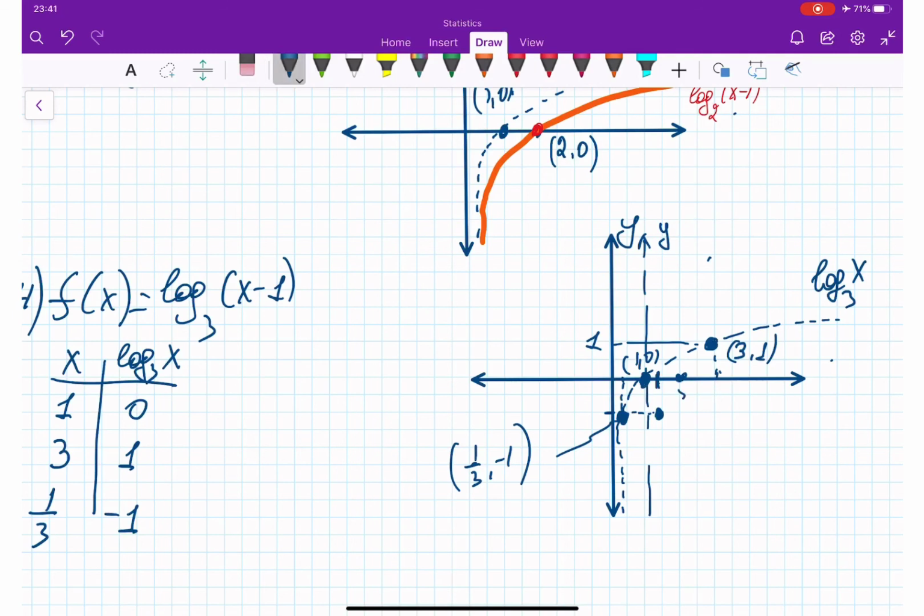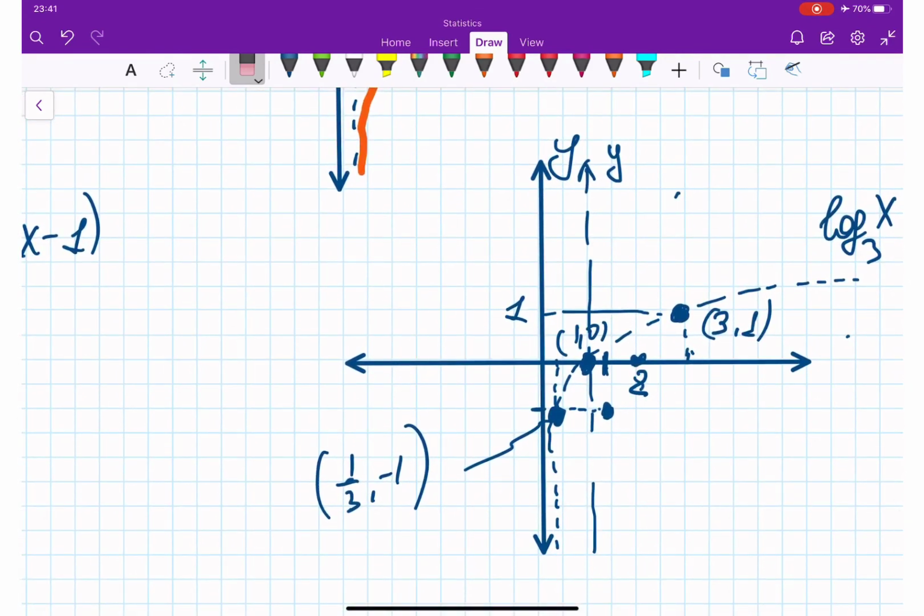Let me zoom in so you can see better. So 3, 1 is going to be 4 and 1, like this. So 1 is this point here, and then the other one is going to be this point, and then this point.